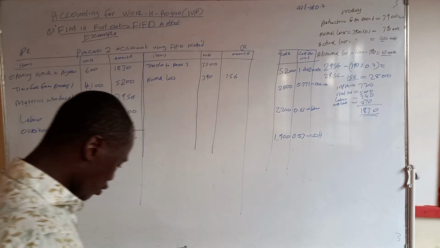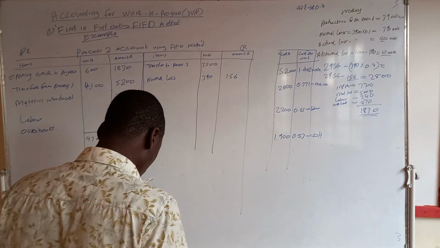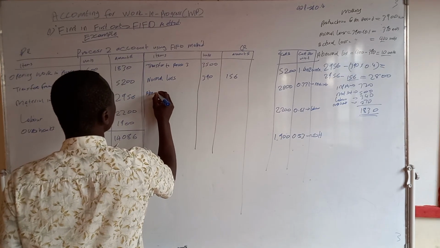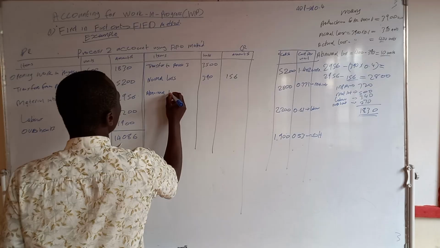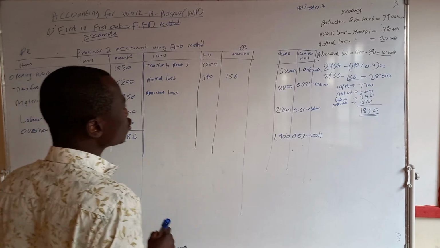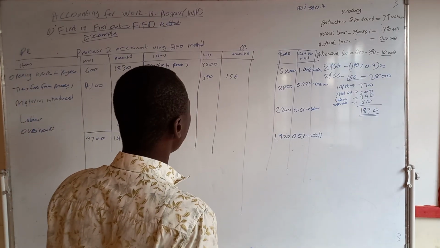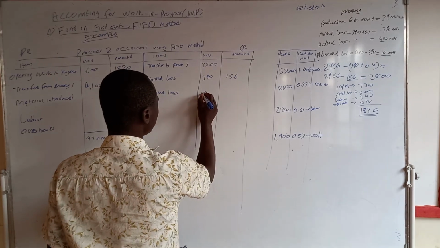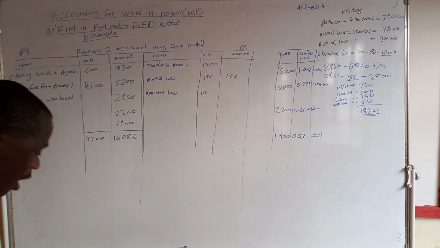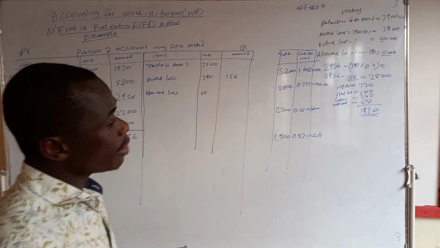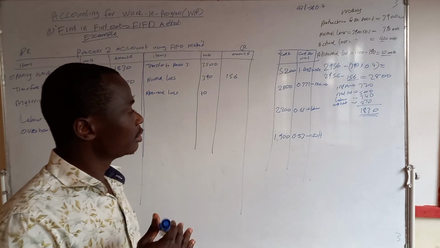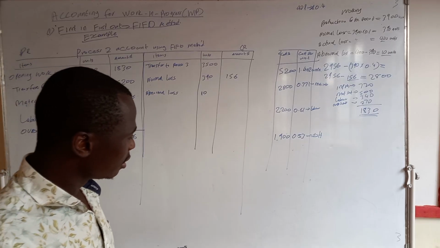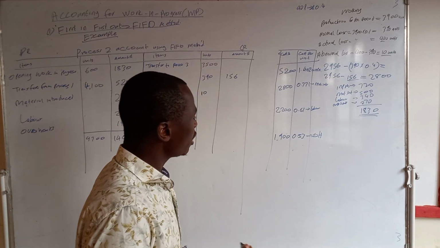Then we also have abnormal loss. We have 10 units as abnormal loss. Remember, abnormal loss is something that we were not expecting. It comes without our expectations.